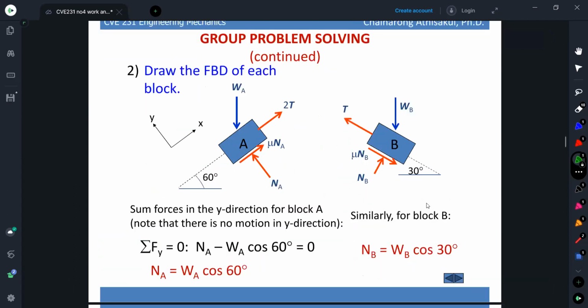When we consider the free body diagram of each block, it can be written like this.